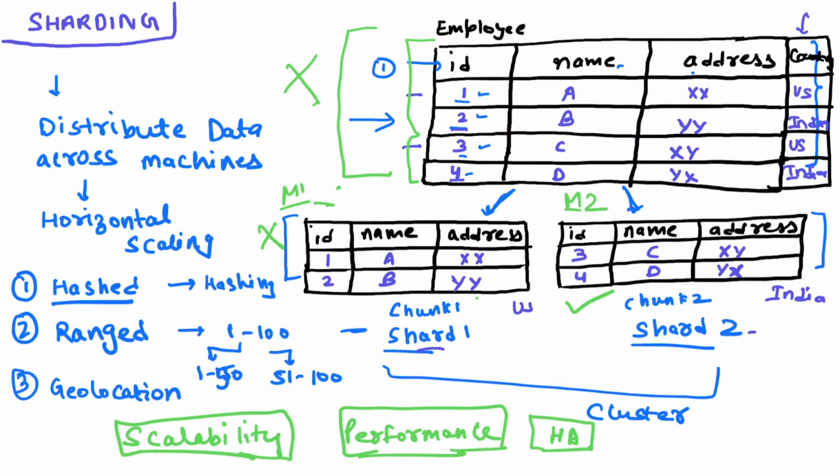So that was the concept of sharding. I hope you get the overall idea. You got to know what sharding is, what the benefits of sharding are, what the different types of sharding are, and how it helps you to scale your database to a much larger extent, which would not be possible on a single machine. That's all I wanted to cover. I hope you got the concept.